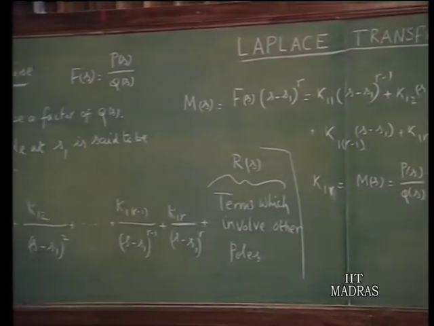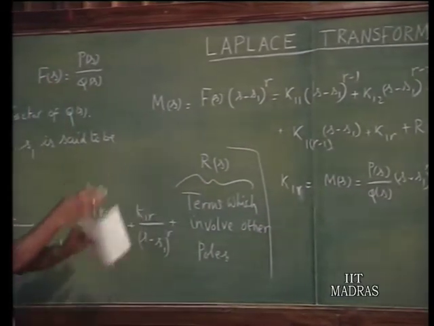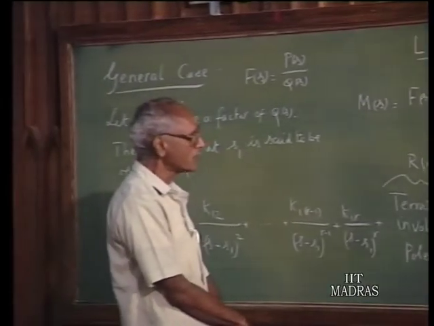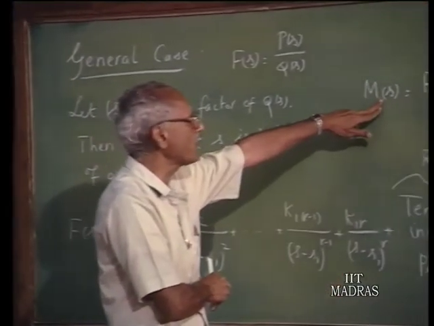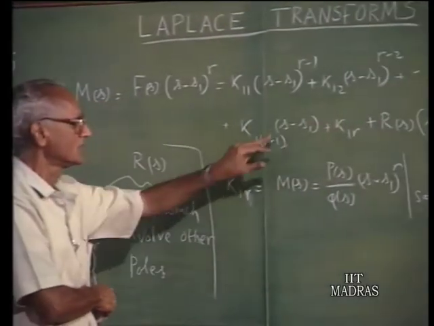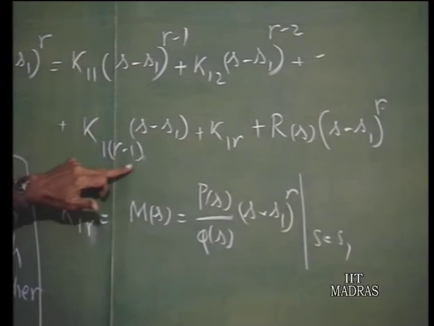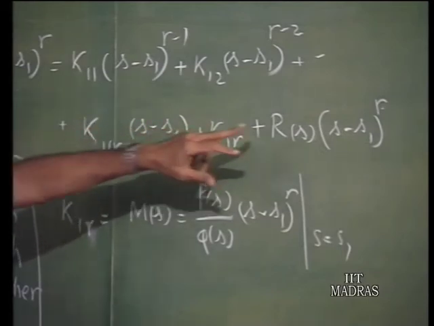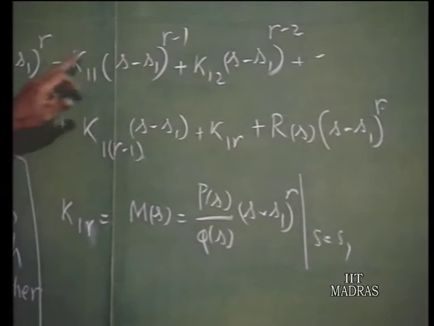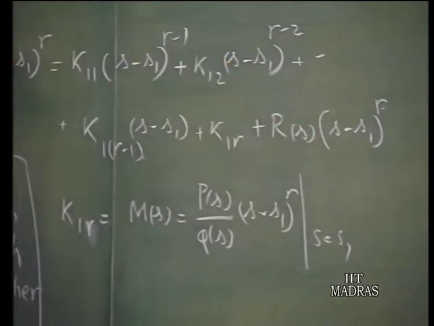Now, to find k1(r minus 1), we adopt the same trick as we used in this example. You recall, we took the derivative of M(s) with respect to s. If you do that, this term drops out, and the derivative of this is simply k1(r minus 1), and since these are all accompanied by higher powers of (s minus s1), when you take the derivative, (s minus s1) continues to be a factor here.